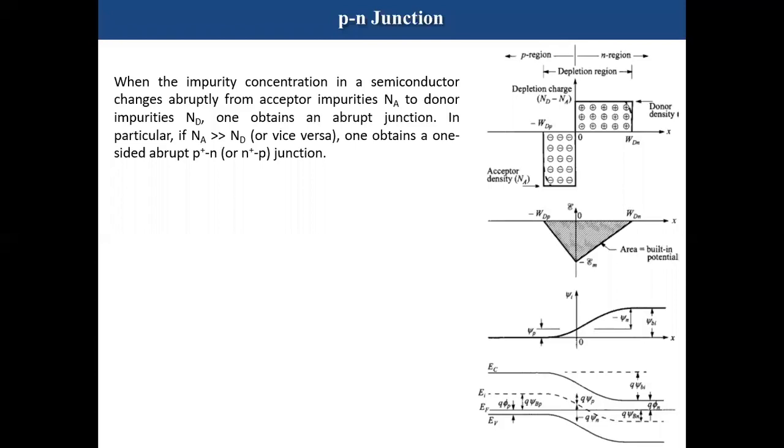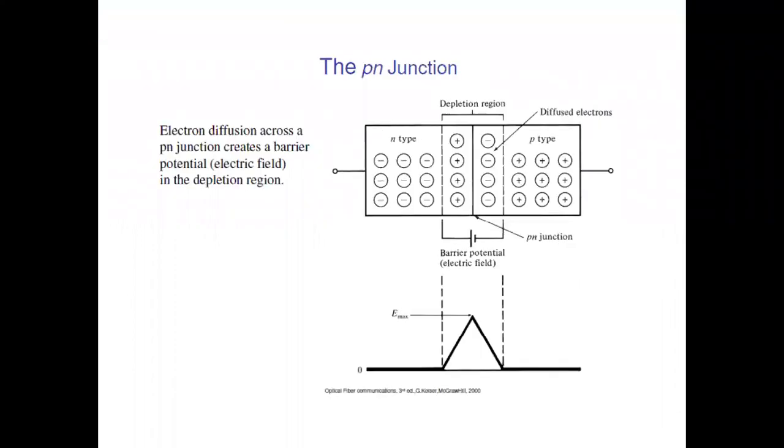Now, the impurity concentration in a semiconductor changes abruptly from acceptor impurity to donor impurity and obtains an abrupt junction. Even if you find this diagram a bit complicated, this one is much easier.